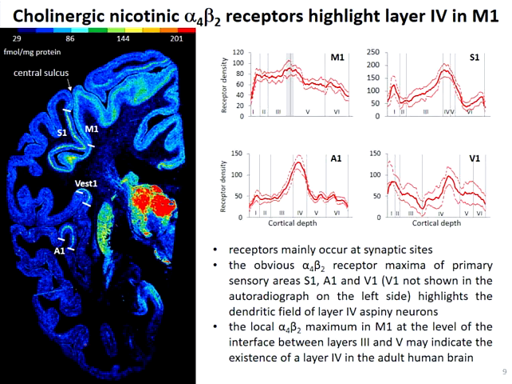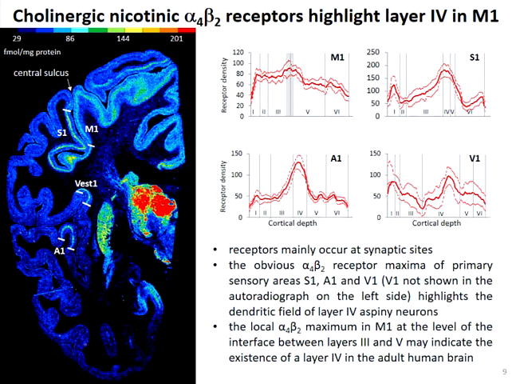And what we can postulate is that the dendritic fields located at this position, which use the nicotinic receptor as a neurotransmission molecule or receptor for the neurotransmitter acetylcholine, as occurs in layer 4 in the sensory areas, this also happens in the primary motor cortex.